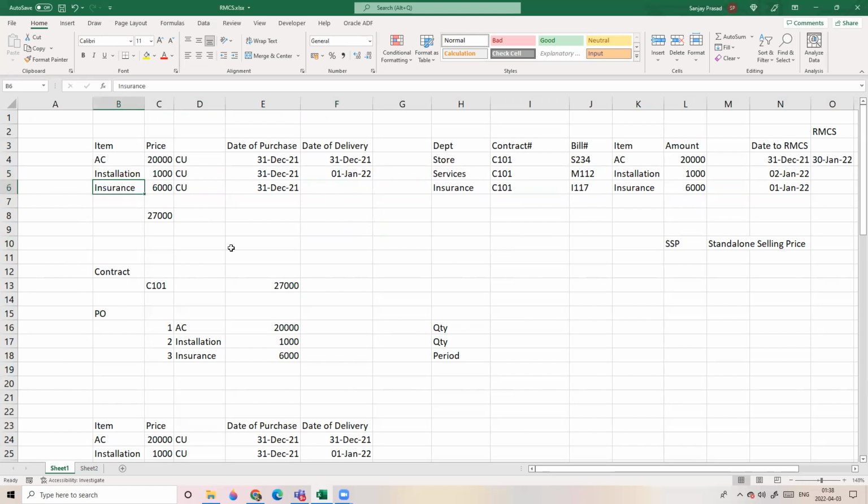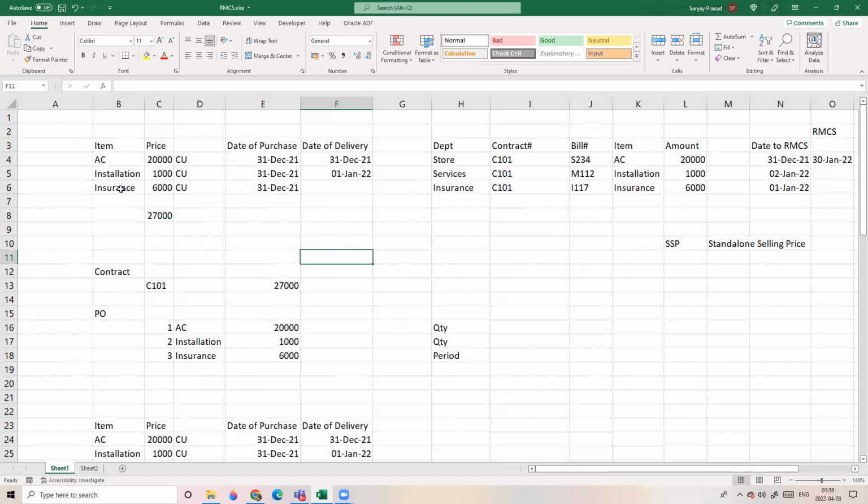If we take the third example, which is insurance, we sold the insurance for 6,000 on 31st December 21, and this insurance covers from 1st January 22 to 31st December 22, for 1 year. Should we recognize the 6,000 on 1st January 22? Answer is no, because this insurance coverage is for the complete year.